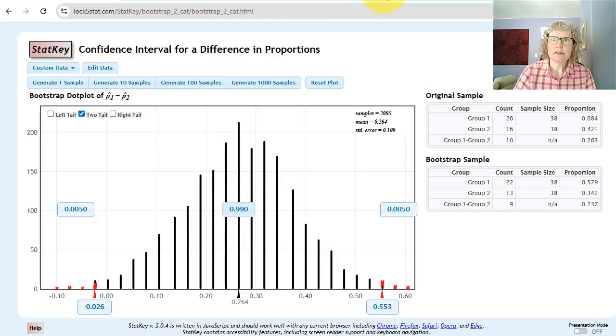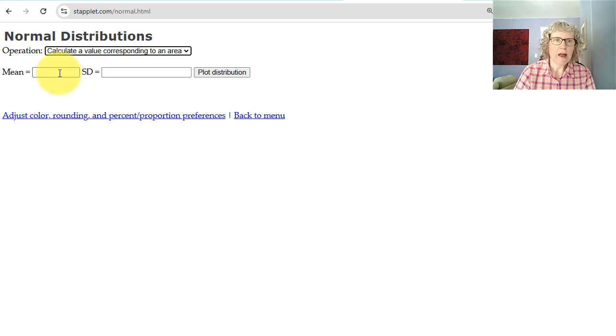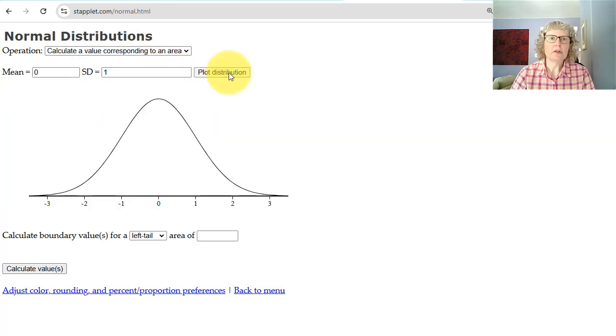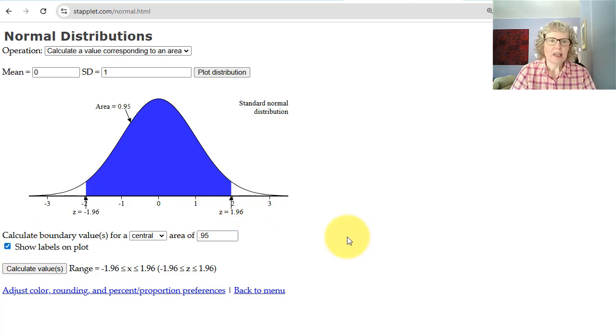I've got my Staplet normal up here, so we would switch that to a value, and because we're using z, it's 0 for the mean and 1 for the standard error. Then we would do central of whatever our confidence level is. Let's do 0.95, I think that's the most familiar one, and that's the 1.96, right? So that's how we got those four.